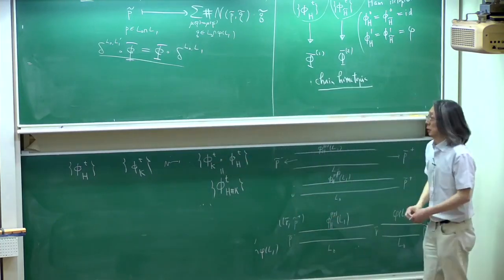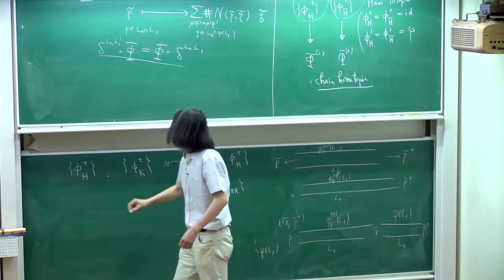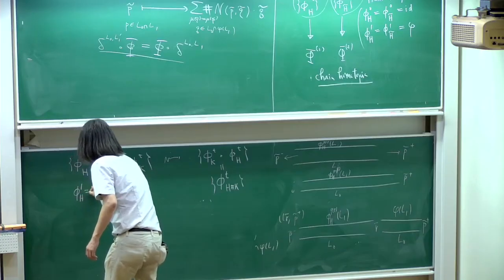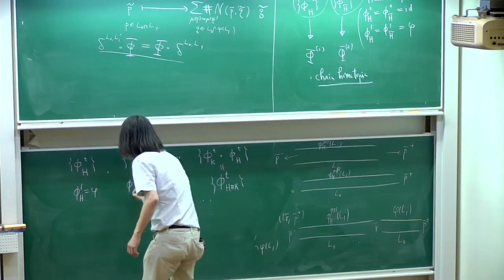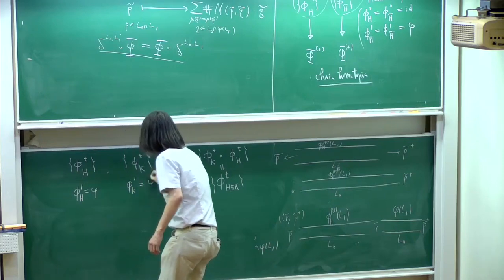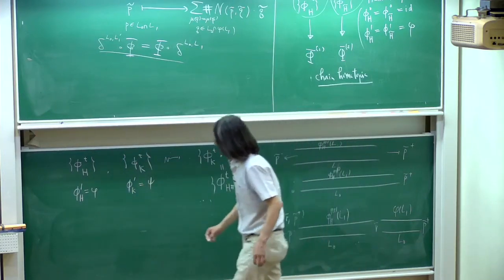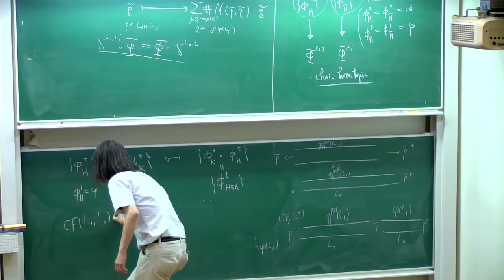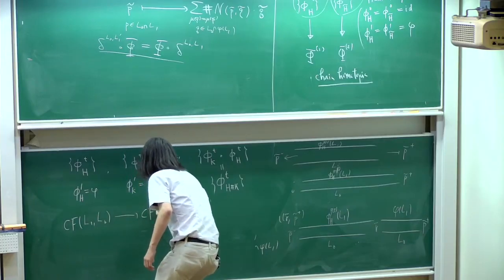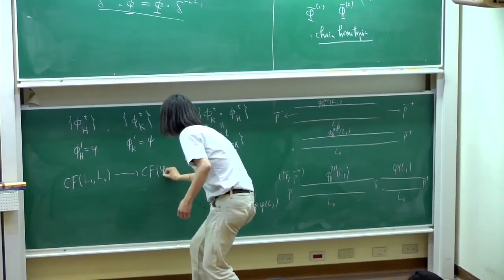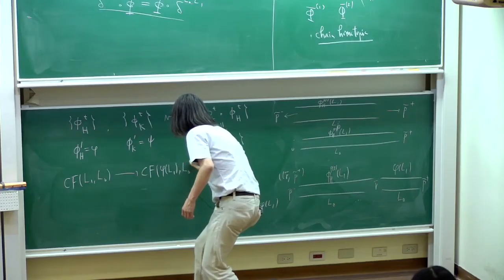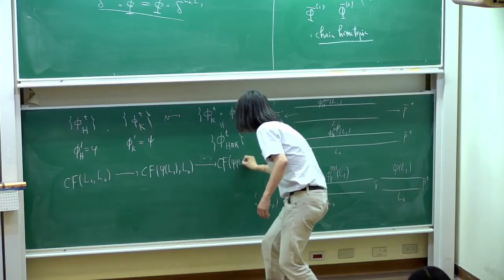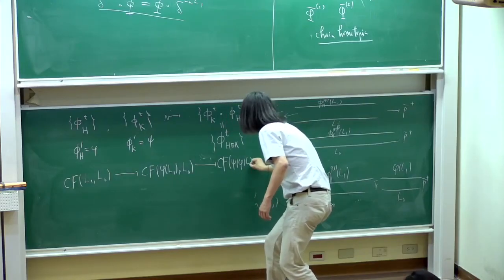But anyway, I denote phi H 1 equal to phi, and phi of k of 1 equal to psi. Here I have CF of L1, L0, and then I go to CF of phi of L1, L0, and then the next one, psi of phi of L1, L0.